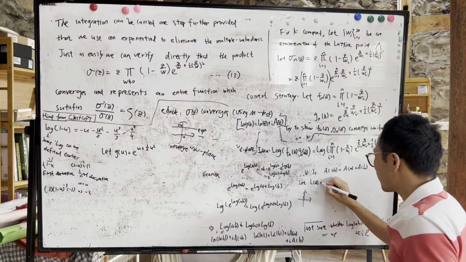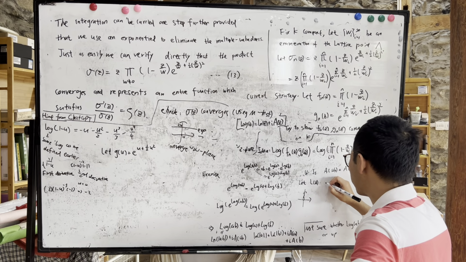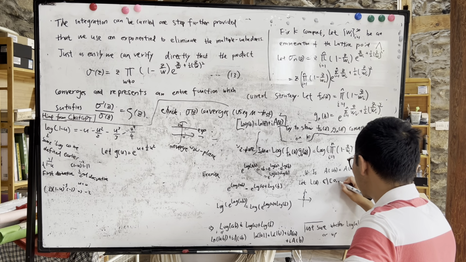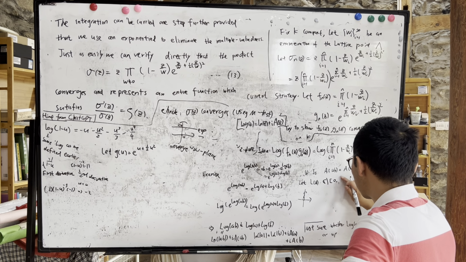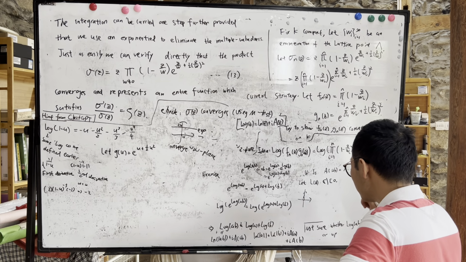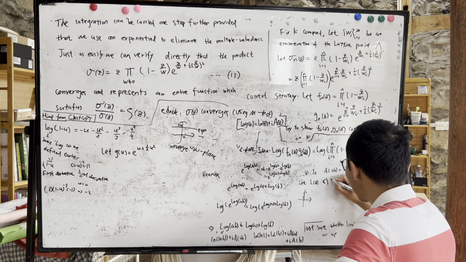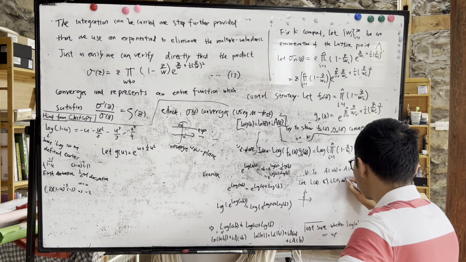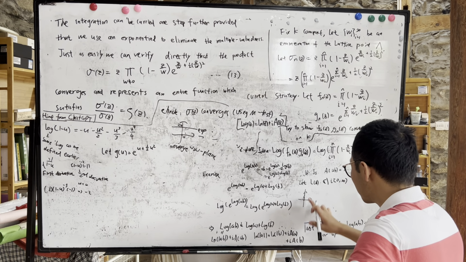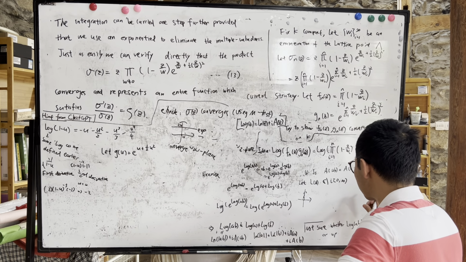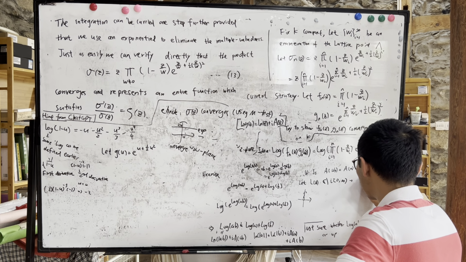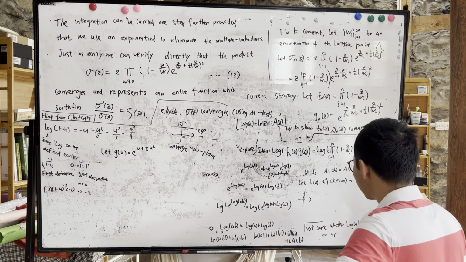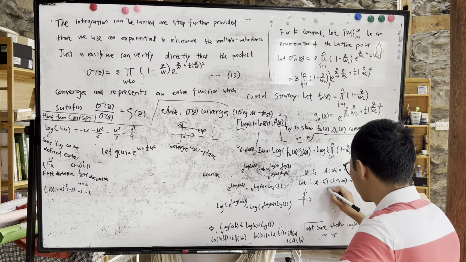So let's say it goes from C minus the points I times 0 to infinity, namely all the positive imaginary axis is being deleted, to C.